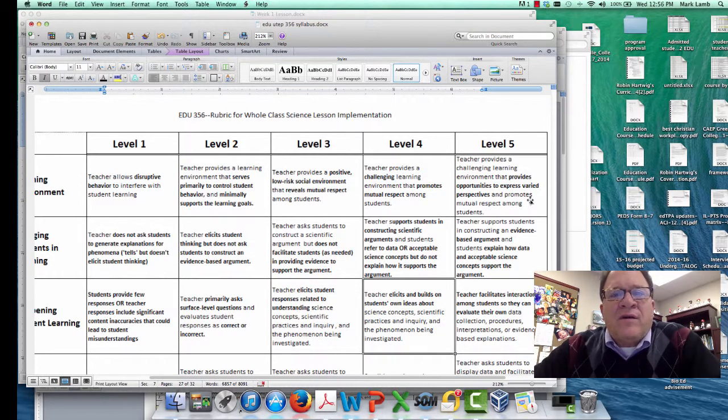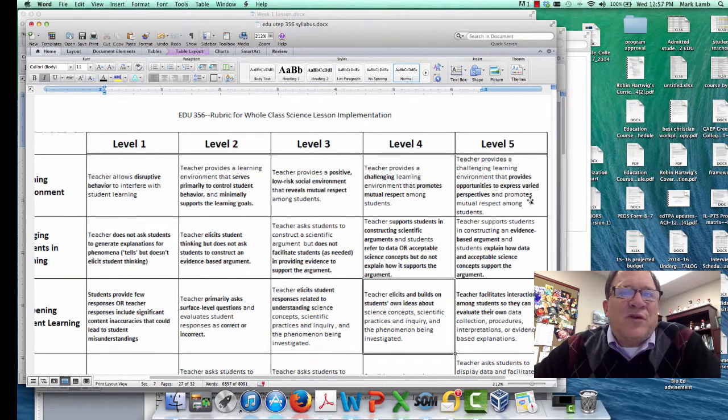You might have a few level 4s and possibly a level 5, maybe 1 or 2, but generally speaking, most teacher candidates are going to be scoring at the 3 level. So I want to emphasize that because I know how some of you stress when you don't get what appears to be the highest level on every rubric and assignment that you do. You need to think about this rubric as 3 being the highest level you can score, and 4 and 5 you can think about as bonus levels.